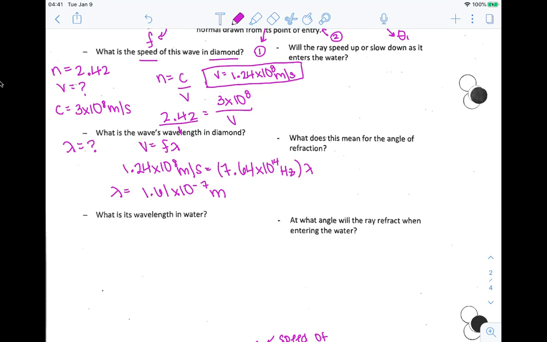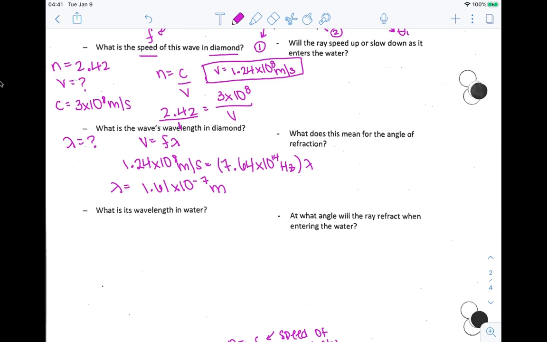Next, we're looking for what is the wavelength in water. Well, now I know that I'm in diamond, so I know that the index of refraction for my first material, diamond, is 2.42. They ask us for water. The index of refraction for water is 1.33. I'm looking for the wavelength in water, which is my second wavelength, and we just solved for our wavelength 1, which is right here.